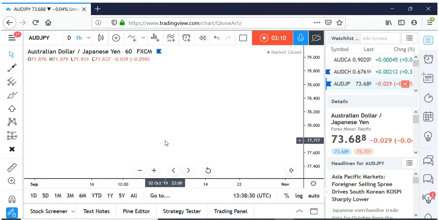Because remember, what the banks want is for us to lose money so that they can make more money. That's the job of the banks. If we don't lose money, the banks will not make money. So this is how Forex works. Banks manipulate the market every single minute.